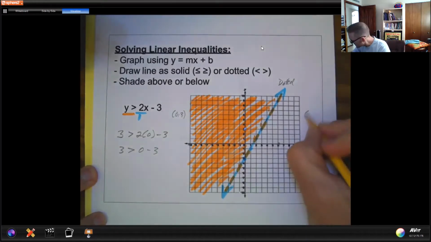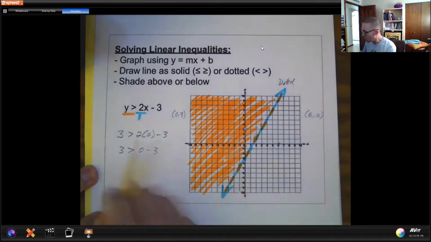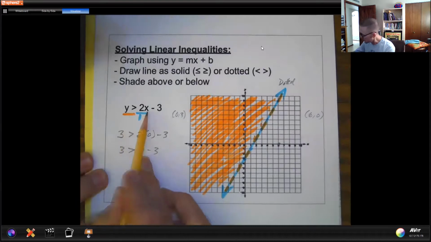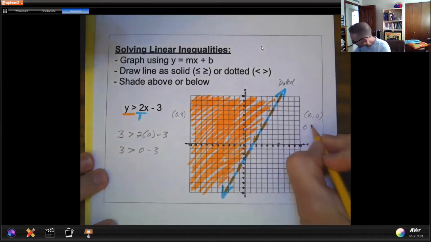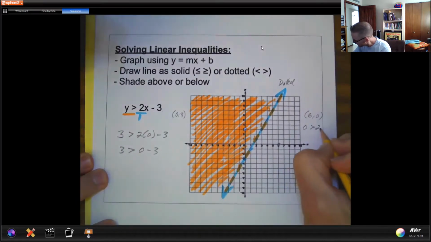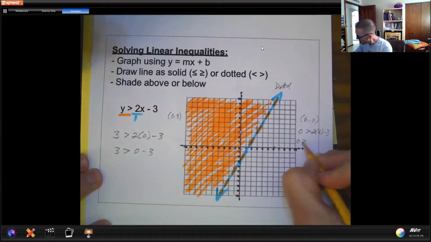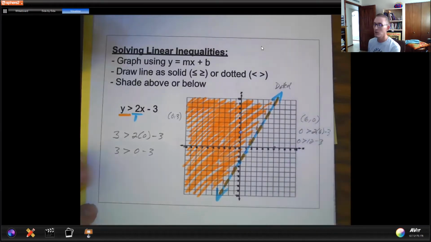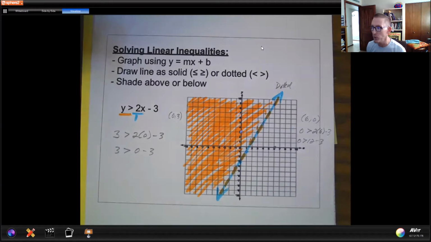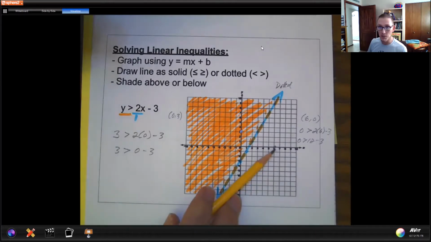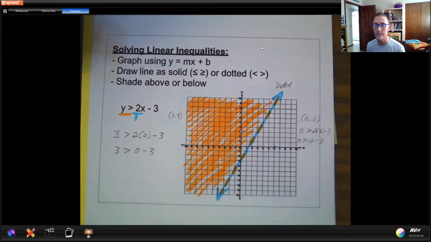So we're going to try (6, 0), and we'll plug it into this inequality. So that gives me 0 is greater than 2 times 6 minus 3. 0 is greater than 12 minus 3. Clearly, that's not true, and that's not supposed to be true because it's in the area that's not shaded.